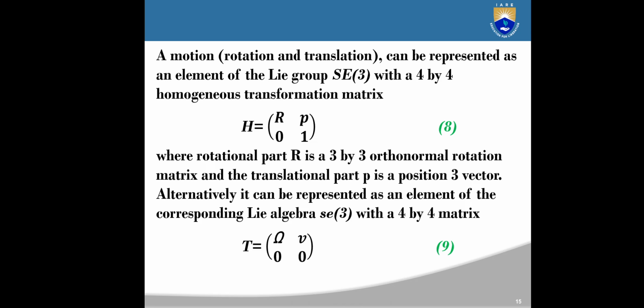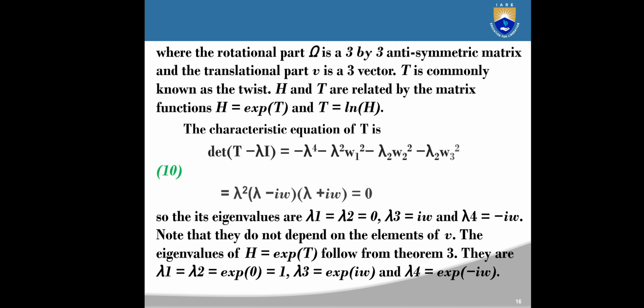Alternatively, it can be represented as an element of the corresponding Lie algebra SE of 3 with a 4 by 4 matrix, where the rotational part is a 3 by 3 antisymmetric matrix and the translational part is a 3 vector. T is commonly known as a twist.